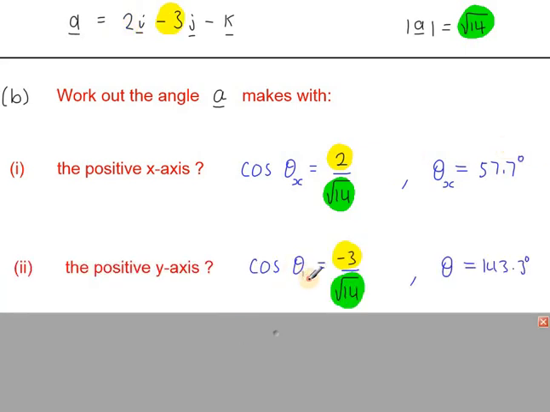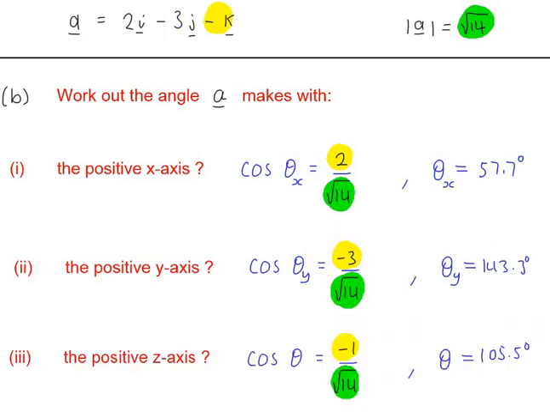And now the angle with the y-axis, so we want the y component, -3, over the magnitude of the vector, root 14, again cos inverse of this ratio, we've got the angle. And then finally with the z-axis, the z component is -1, over the magnitude of the vector, so theta z, the angle with the z-axis, is 105.5 degrees.